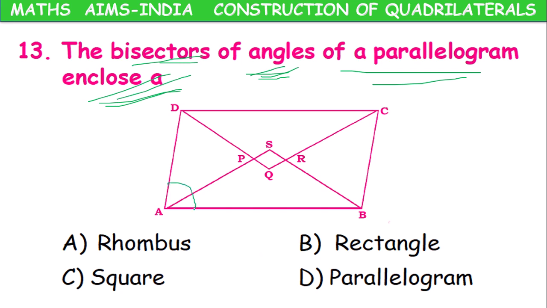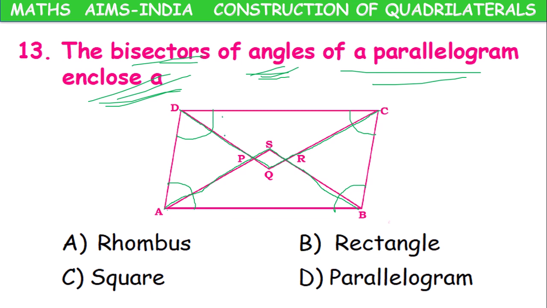If this is angle A, this is angle B, this is angle C, this is angle D, the line which divides angle A into 2 parts, the line which divides angle D into 2 parts, and likewise for angles C and B, are called bisectors.